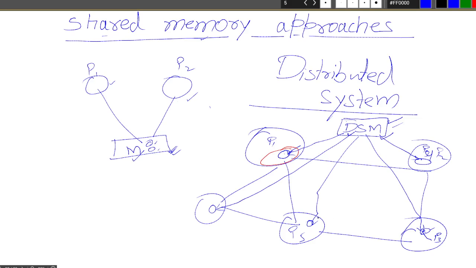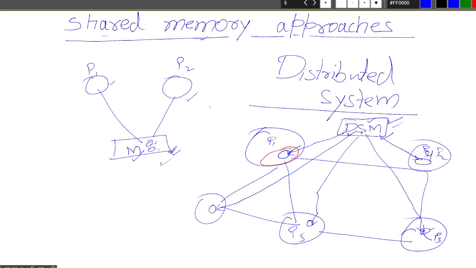The requirement can definitely be information sharing. Certain information which is frequently shared among these processes can be kept on distributed shared memory, and these processes can easily access the data from there. Accessing data will require the same kind of authorization and authentication as in a normal system, but it gives us the facility to use the data kept on distributed shared memory.